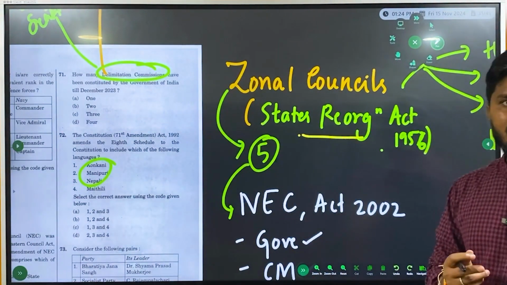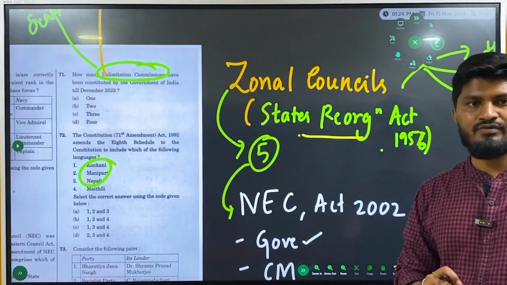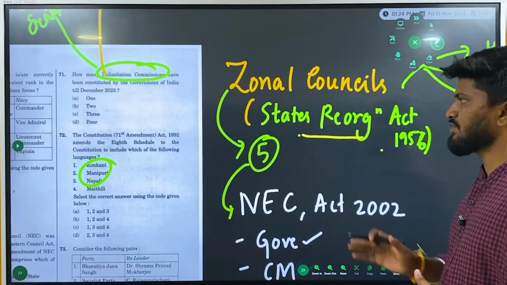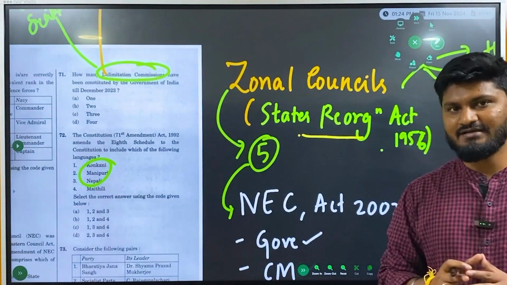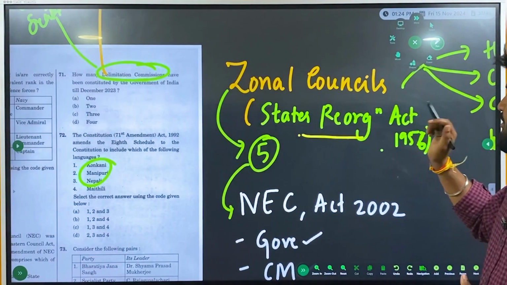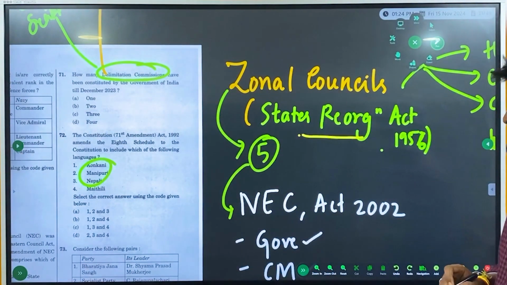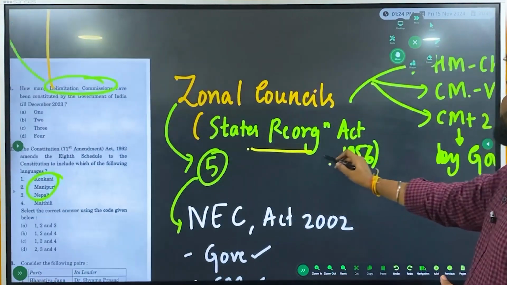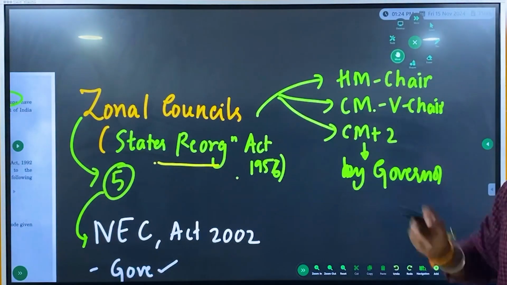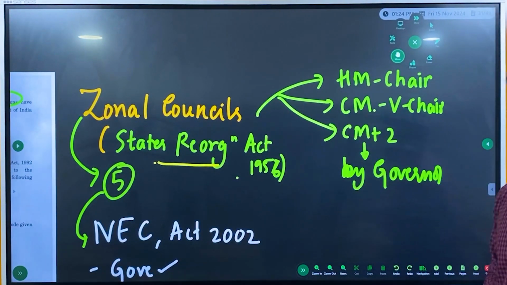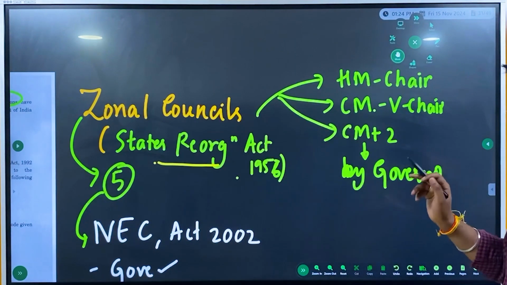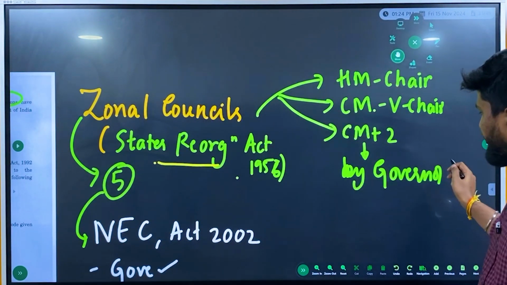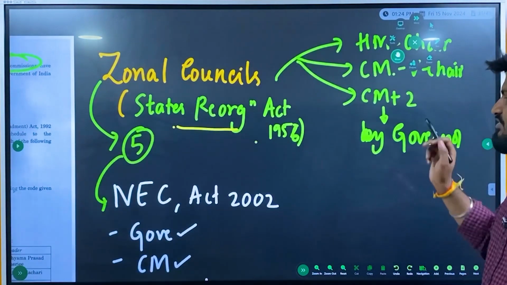Four were the Northern, Central, Southern and Western councils, and the 5th one was the Northeastern Council, which was very recently added. According to the States Reorganization Act of 1956, the composition of a zonal council is: the Home Minister acts as chairperson, the Chief Ministers are vice chairpersons, and then the Chief Minister plus 2 members appointed by the governor of the state.